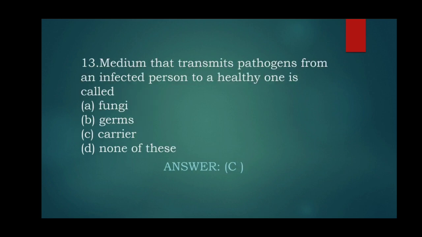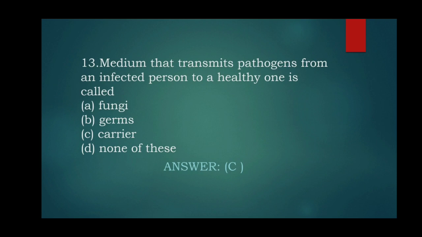Question number 13: the medium that transmits pathogens from an infected person to a healthy one is called option A, fungi, B, germs, C, carrier, D, none of these. We know that the medium that transmits the pathogen from an infected person to a healthy person is called a carrier or vector.